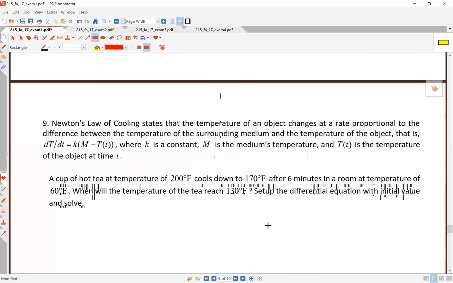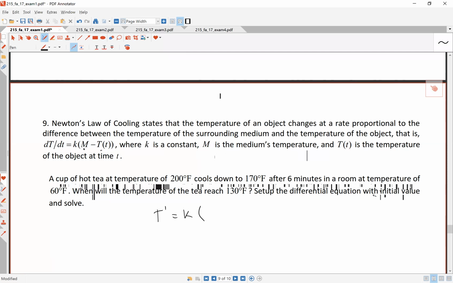All right, Newton's law of cooling says the rate of change of the temperature of a hot cup of coffee, T prime, is proportional to the difference between the surrounding medium's temperature and the temperature of the coffee.